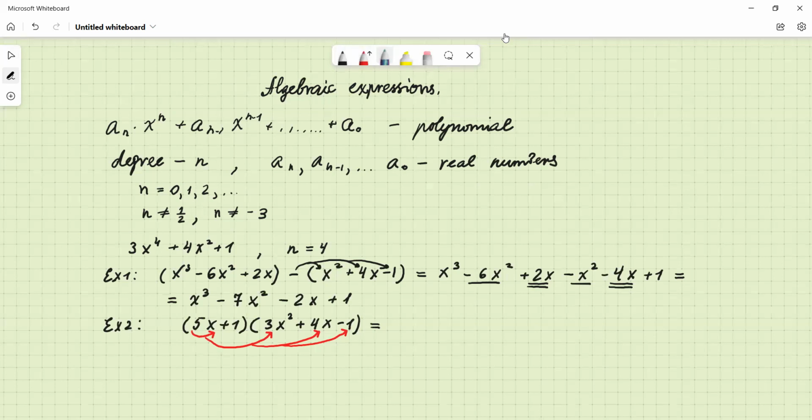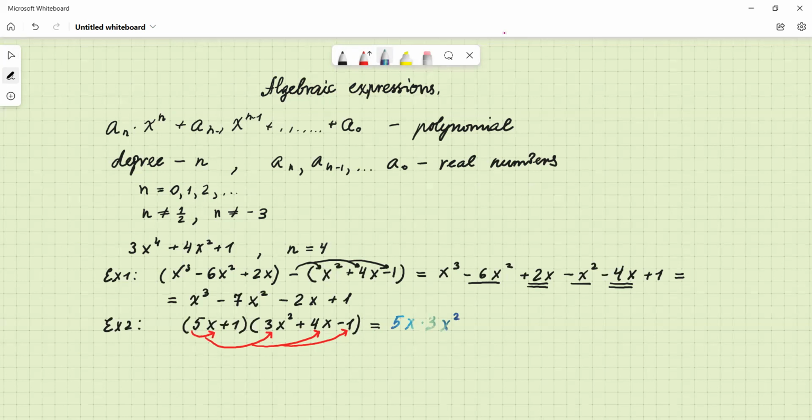So I'm going to have 5x multiplied by 3x squared. That's a very strange pen I got. Well, guys, today my whiteboard somehow has changed, and I'm not very familiar with the changes Microsoft did to the whiteboard, so I'm still learning it. I'm sorry if my pen is not going to have a nice color.